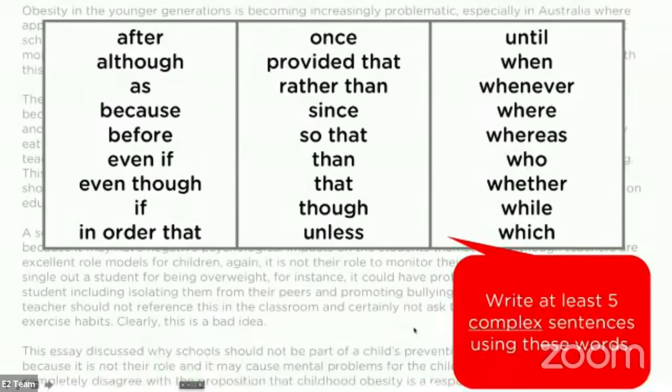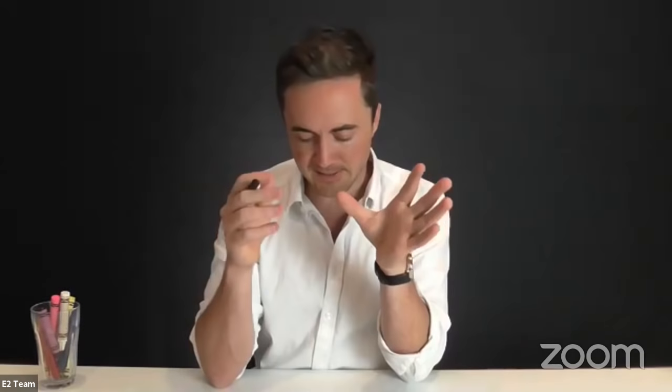The other important tip is this. You need to write complex sentences. You need to show off not just how accurately you can use grammar, but what range of grammar you can use, all the different types of sentences that you can write. Let me give you this little piece of advice. I found out this the other day from an IELTS examiner.